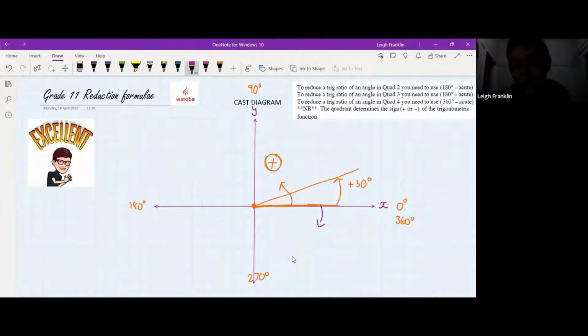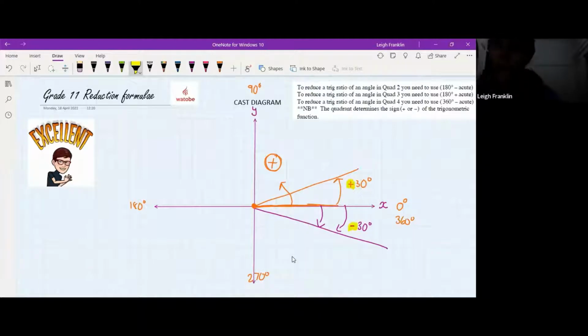If I change my direction and I go 30 degrees in the opposite direction, I call that minus 30. So plus and minus are direction: plus for anti-clockwise and minus for clockwise.